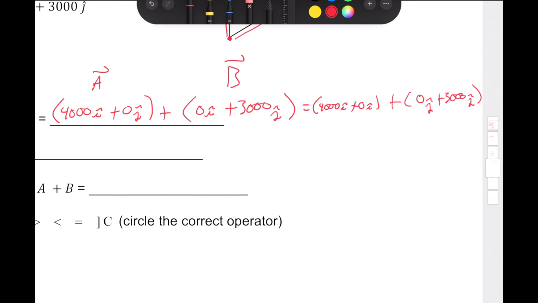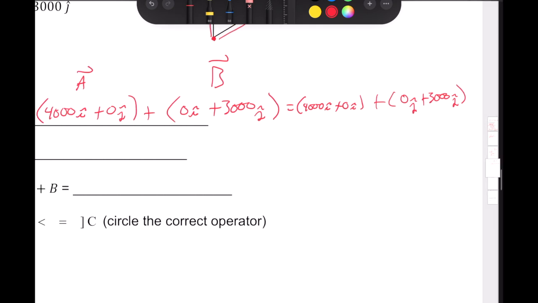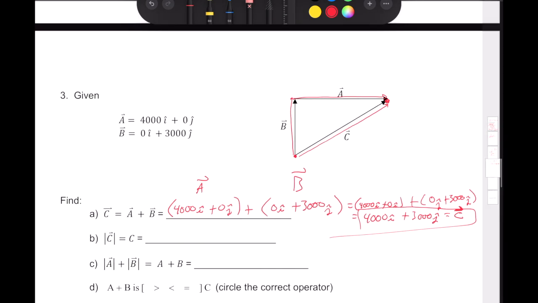Now when we add vectors, we're going to get a vector. That's important. So this ends up being 4000i plus 3000j. That's the vector that describes C vector. Oops, I covered up my vector hat. And that kind of makes sense, right? We had to go 3000 in the j direction and then 4000 in the A direction, and that gave us the resultant vector of C vector.